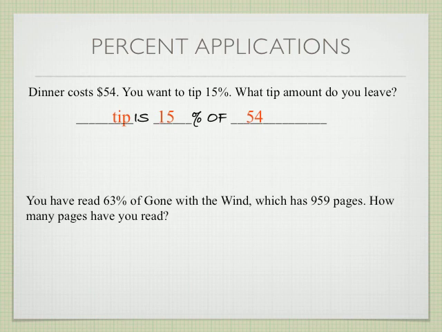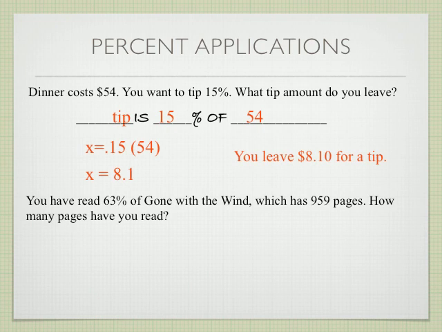Yeah, that makes sense. So my tip, or x, or T, or whatever, is, that's my equal sign, 15% has to change to its decimal form, times $54. So I take 0.15 times 54. I get 8.1. Don't circle 8.1 and be done. But I leave $8.10 for a tip.